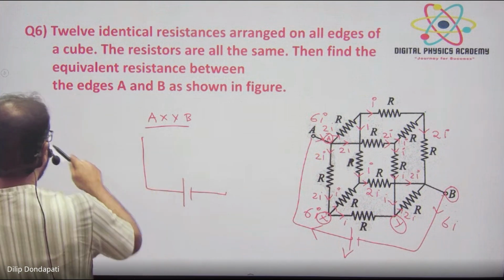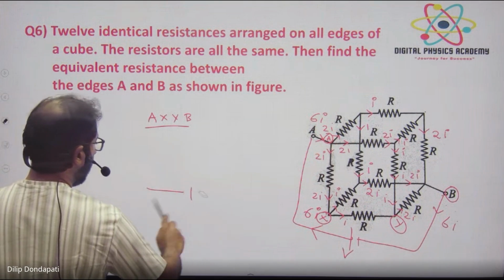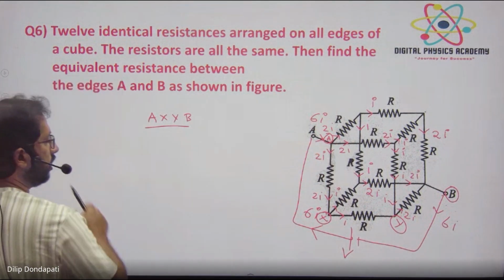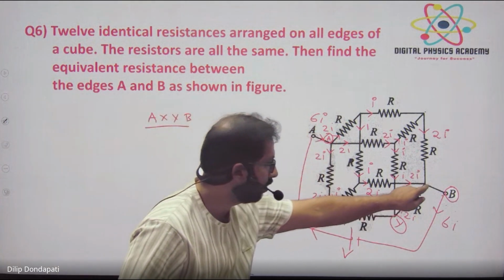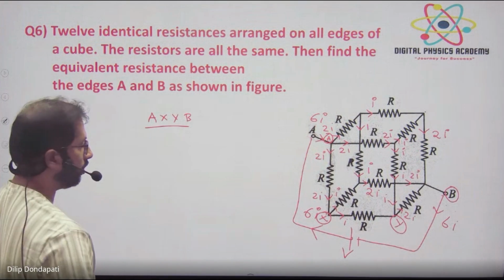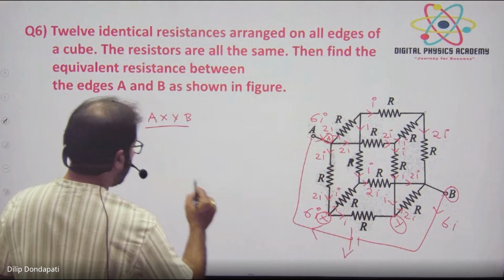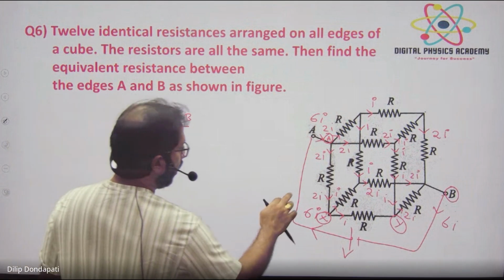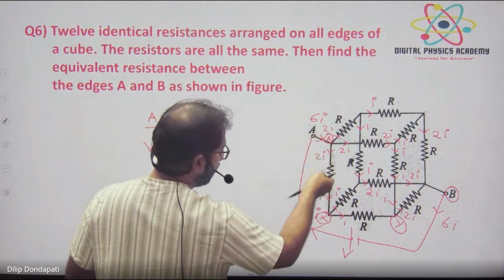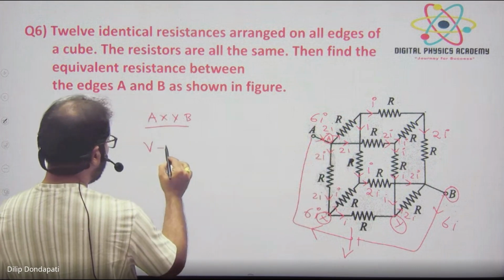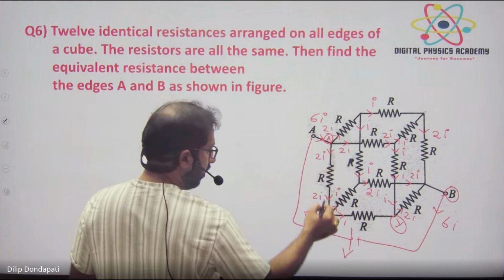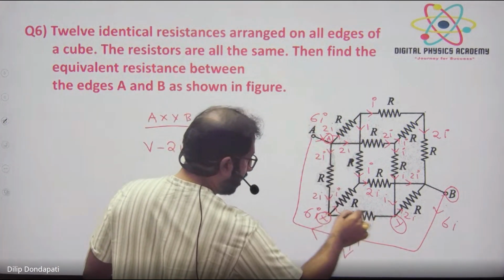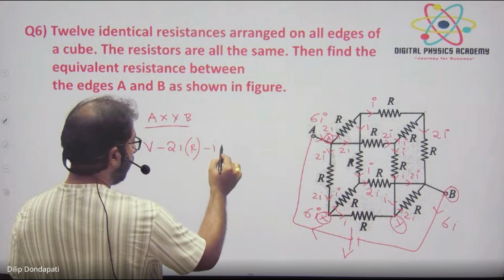Okay, now apply KVL directly, no need of drawing also. So what is the step I told you? You take a minimum number of batteries and this path I am taking. Now apply KVL for this one. Tell me. From here to here, plus V. Path and current are in the same direction, so minus 2I into R. In this one, path and current are in the same direction, minus IR.